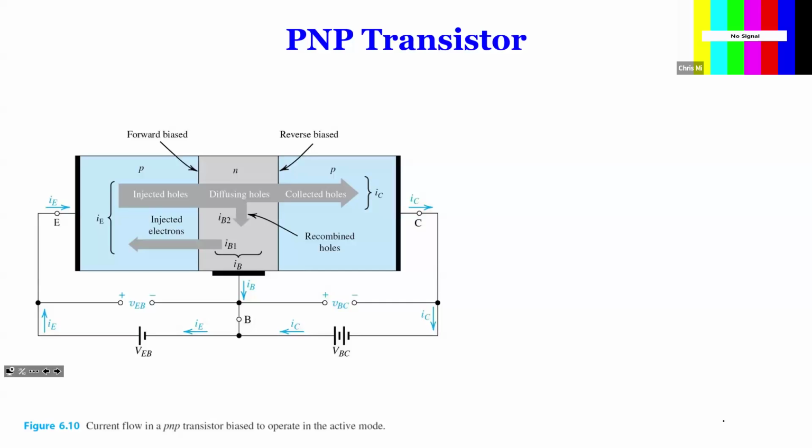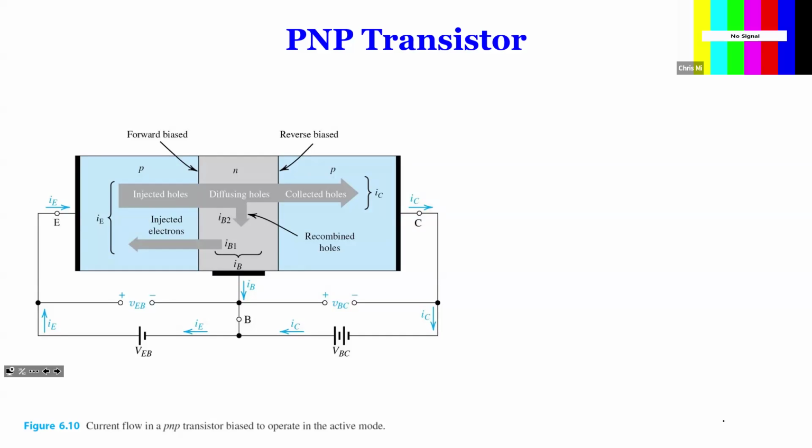Now let's talk a little bit about the PNP transistor. A PNP transistor is just a flip of NPN. Instead of an NPN structure, you have a PNP structure. In this PNP structure you also have two diodes, two bipolar junctions, two PN junctions. That's why it's also called bipolar.